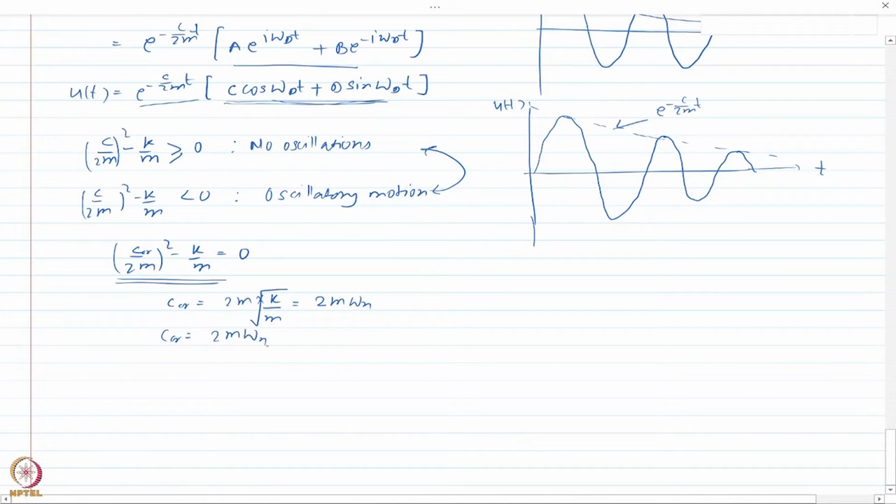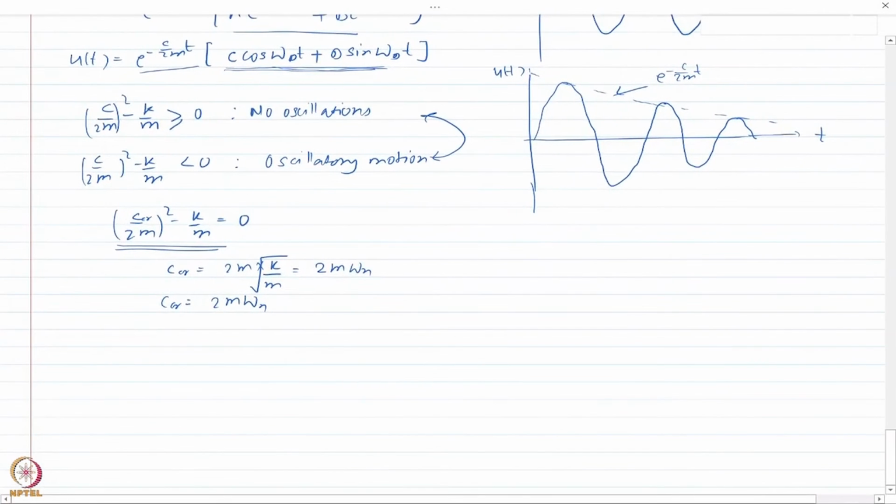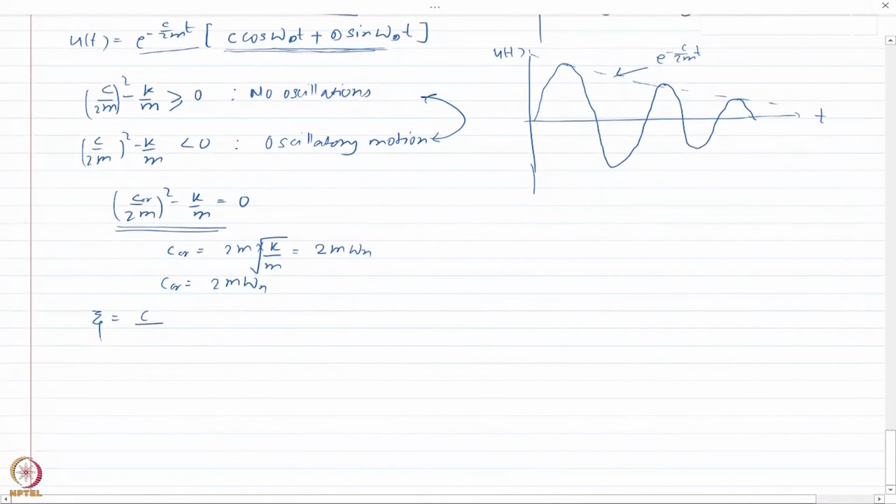Now in reality, the actual damping constant can be smaller than this or it can be greater than C critical, right? So I define a ratio zeta, which is the actual damping in the system divided by the critical damping coefficient.